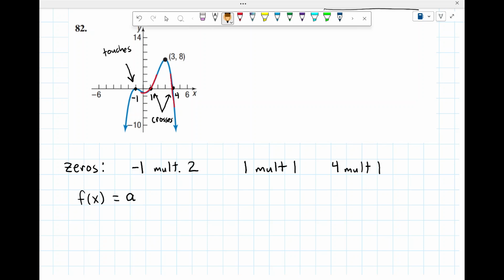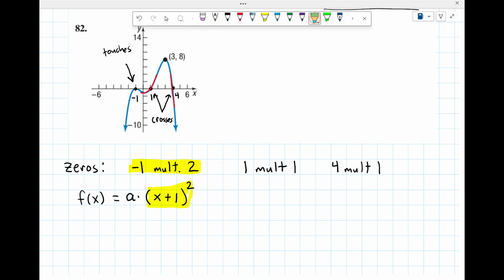So start with a times, and then looking at this first 0, my 0 is -1, and it has multiplicity 2. Since the 0 is -1, that means my factor will be x plus 1, and that multiplicity of 2 tells me that my exponent will be 2 on this factor.